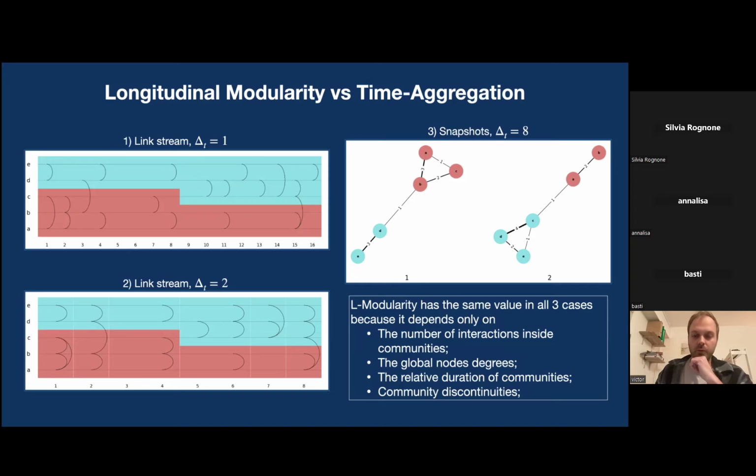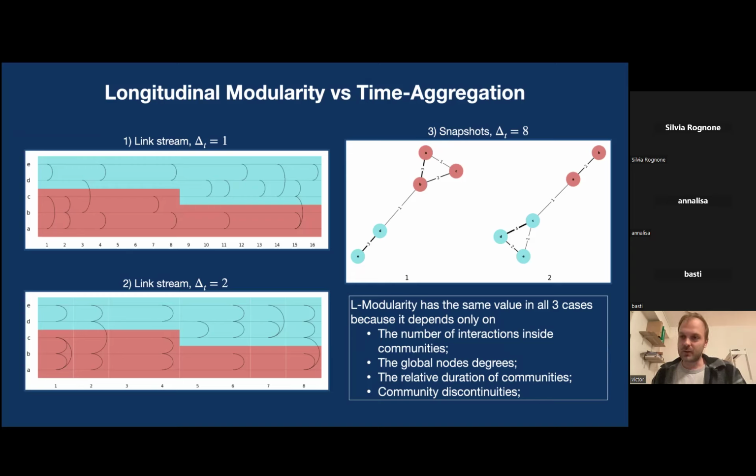Here is an example. We have one link stream, the one on the top left. This is the pure one with a delta time of 1. And you have 5 nodes and 2 communities in blue and red. Now, if you take the second link stream, where you aggregate data on a window size of 2, you have this with the same community structure. And if you aggregate data on a window size of 8, you will have the snapshot sequence of size 2 on the right.